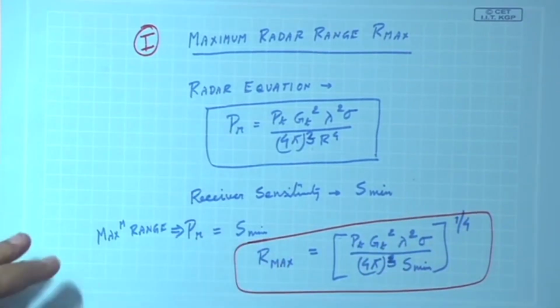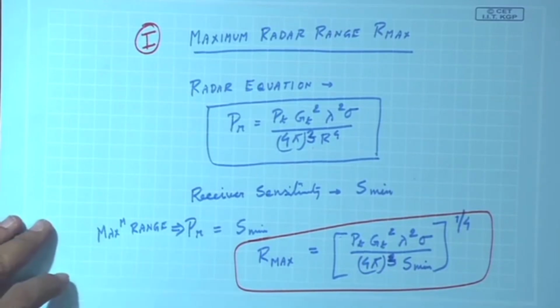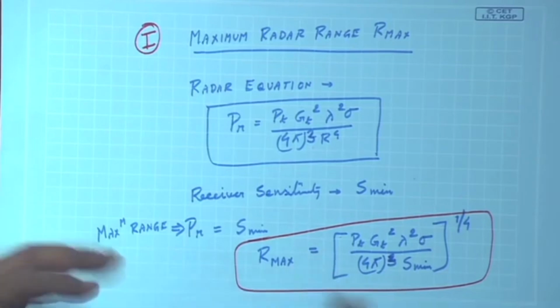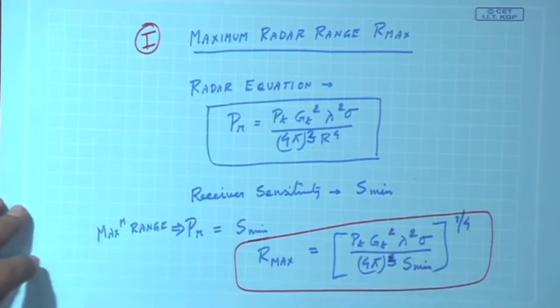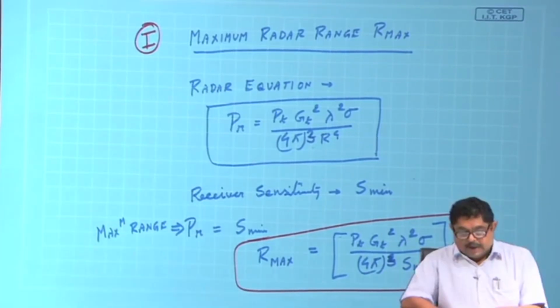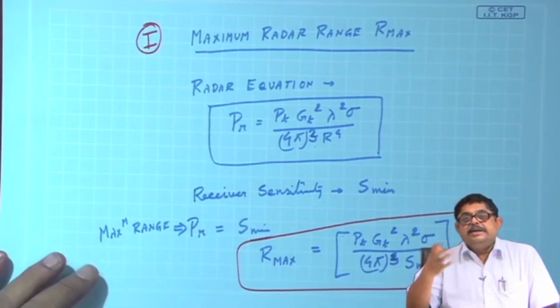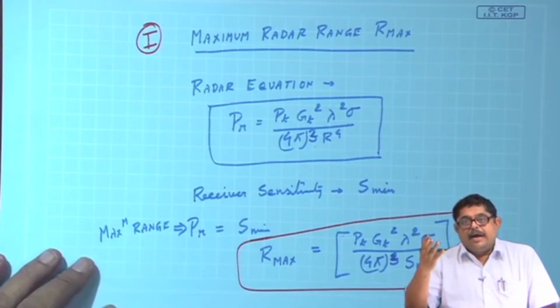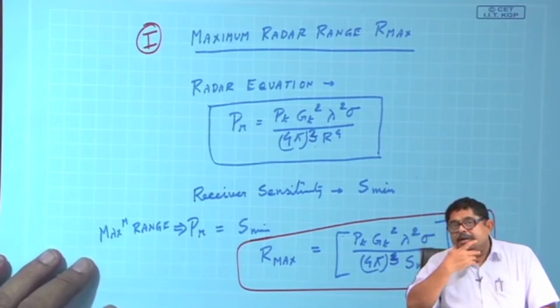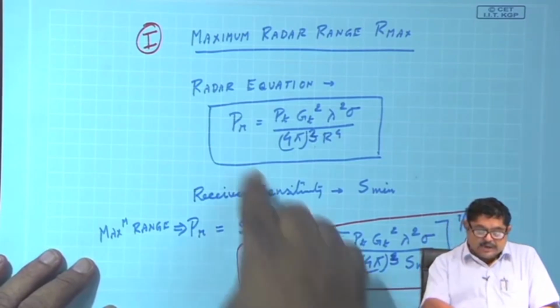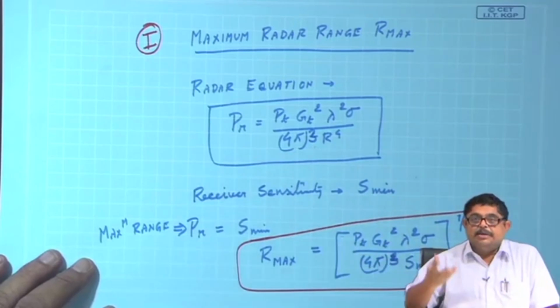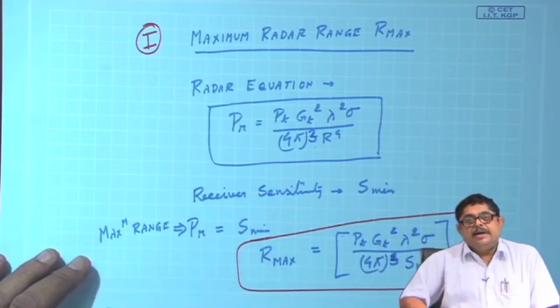In your tutorial classes or assignments, you will find that if you know the various parameters of radar, you can find this out. Now, in reality, if I send some power and I see the echo, the echo is much less than the receiver sensitivity, that is, the minimum signal that the receiver can detect.